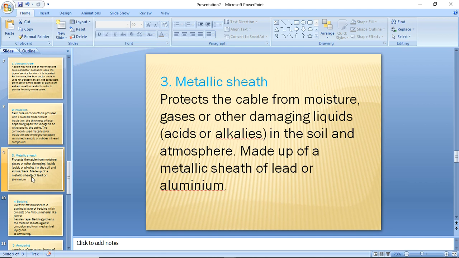It is made of lead or aluminium. Let's say that where the cable is passing underground, there is acid being poured in the soil. So this metallic sheath will be used to protect the cable from being damaged.